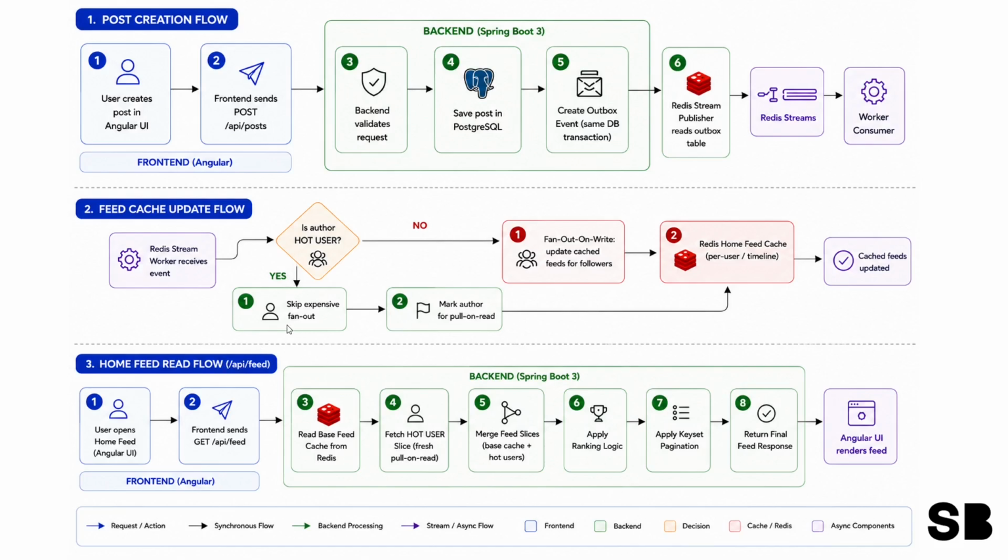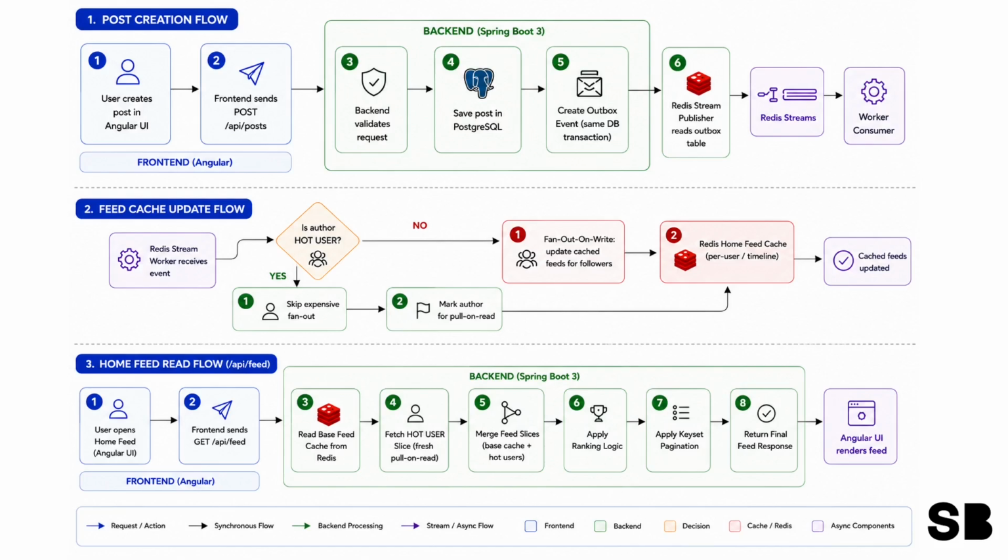But there's a problem with hot users. If a hot user has millions of followers, pushing the new post into every follower's feed immediately becomes very expensive. One post can cause millions of cache updates that can overload the system. So, for hot users, we avoid expensive fan out. Instead of pushing their posts into every follower's feed, we mark the author for pull on read.